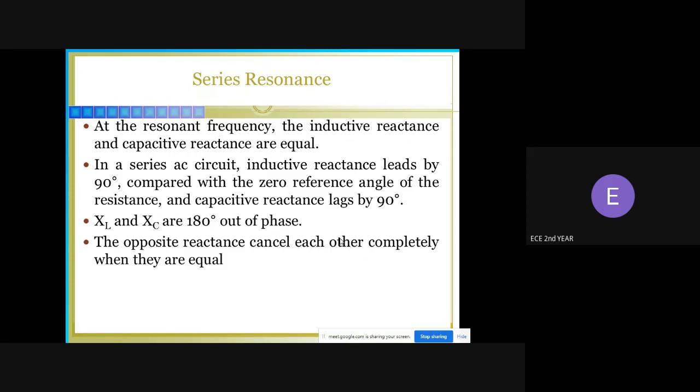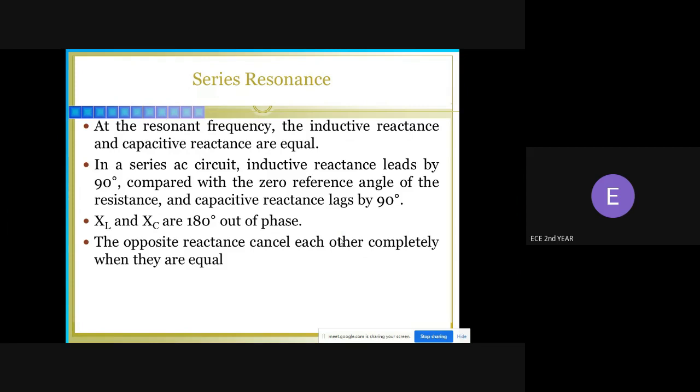In a series AC circuit, the inductive reactance leads by 90 degrees compared with the zero reference angle of the resistance, so we can take the resistance as the reference. The inductive reactance leads that reference by 90 degrees, and the capacitive reactance lags that reference by 90 degrees.